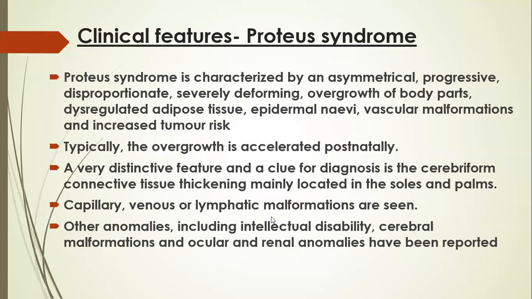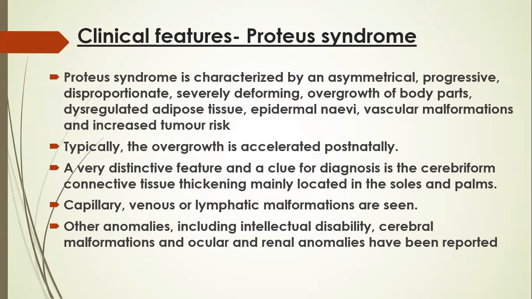Then Proteus syndrome. The Proteus syndrome is characterized by asymmetrical, progressive, disproportionate, severely deforming overgrowth of body parts, dysregulated adipose tissue, epidermal nevi, vascular malformations, and increase in tumor risk. So in this syndrome, there are a few typical things: dysregulated adipose tissue and increase in tumor risk.